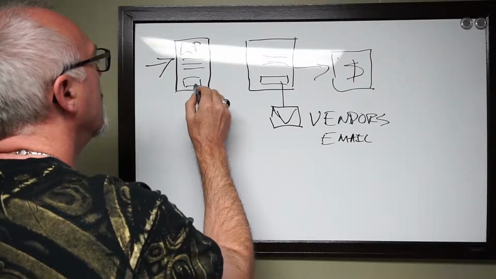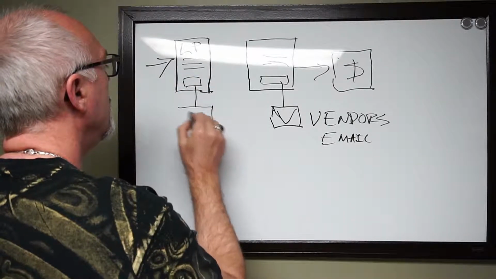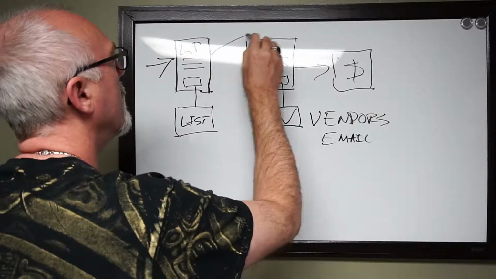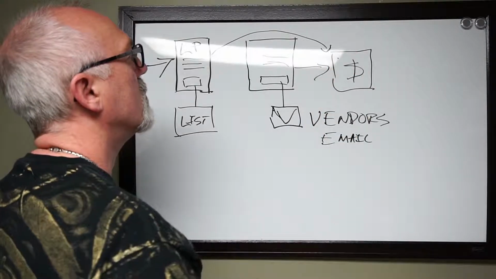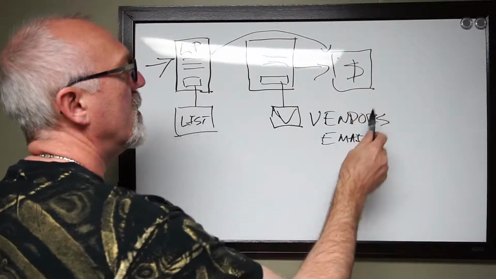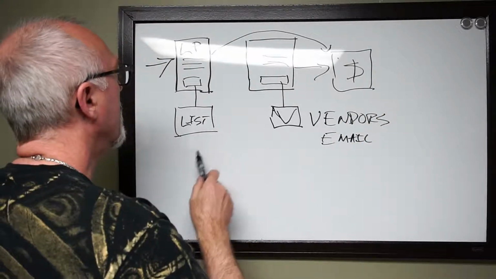And we capture the email list over here, and we send it over here to the sales page. So these guys still get their money, but we keep the list.